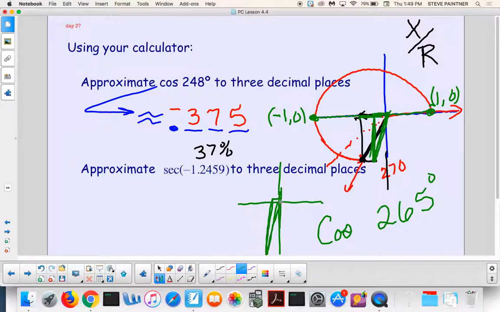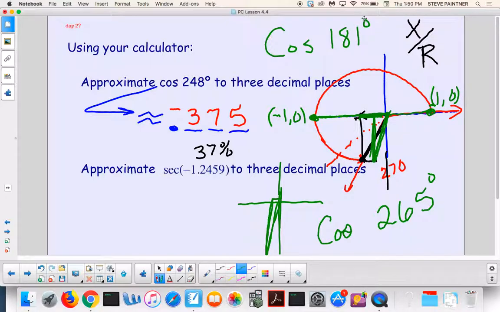It's really tiny. Now, get me something really close to -1. I want to get way out here, almost to this point. 181. Okay, let's try it. What's cosine of 181? I'll bet it's close to negative 1.